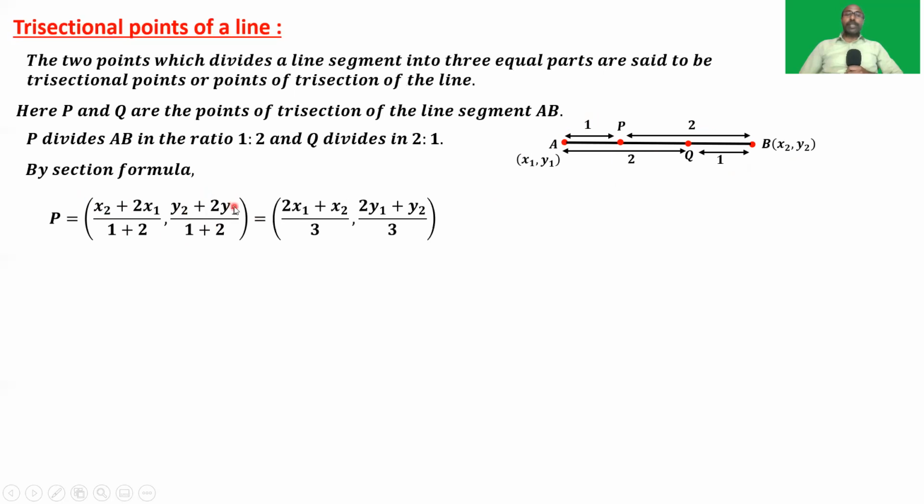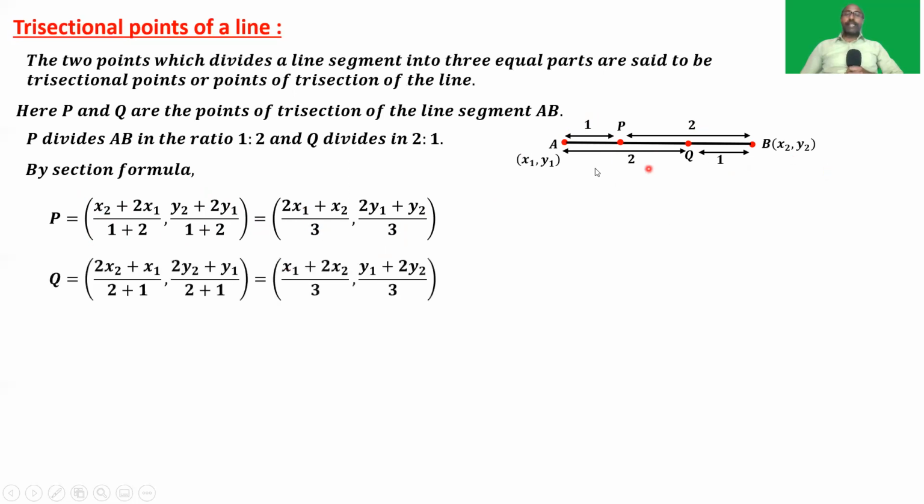And similarly y2 plus 2y1 by 1 plus 2. So from this we can write P is equal to 2x1 plus x2 by 3, comma 2y1 plus y2 by 3. And also second trisectional point which divides AB in the ratio 2:1 is x1 plus 2x2 by 3 and y1 plus 2y2 by 3.